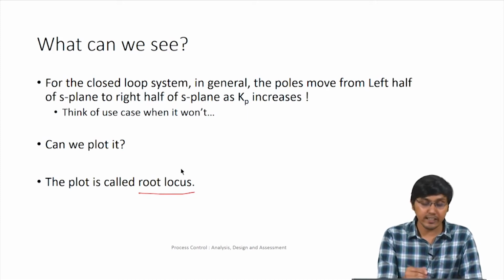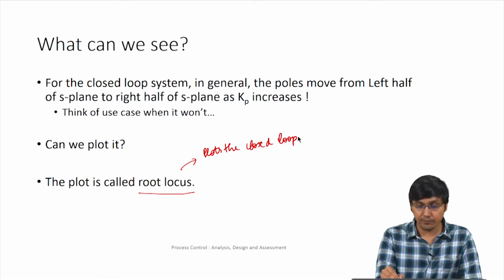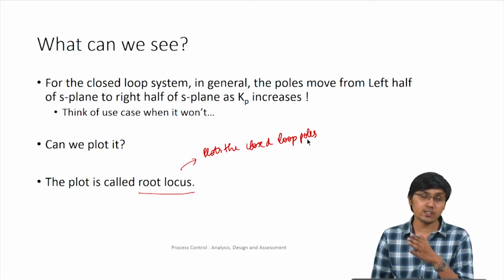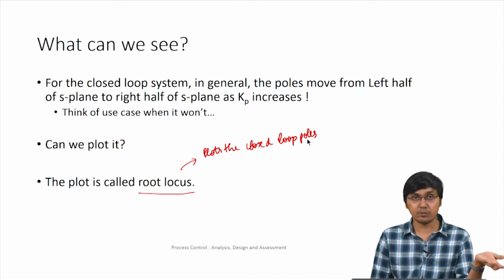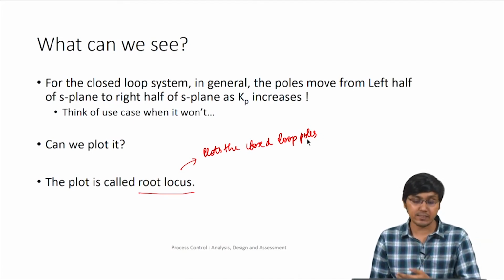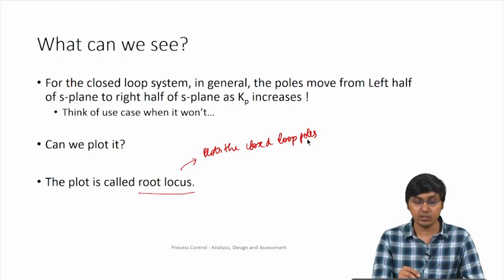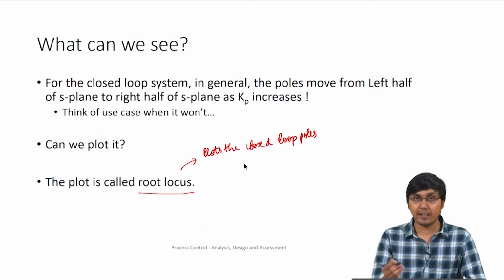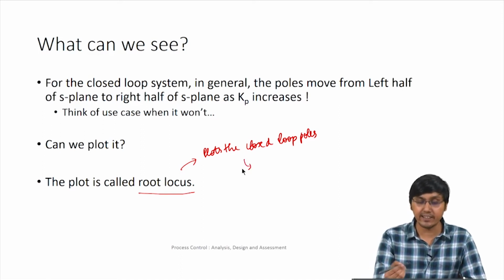So what the root locus basically does is it plots the closed loop poles. When all the closed loop poles were on the left half of the S plane, the system was stable. When at least one pole moved to the right half of the S plane, the system became unstable. So it plots the movement of closed loop poles when some parameter changes, in this sense the gain.